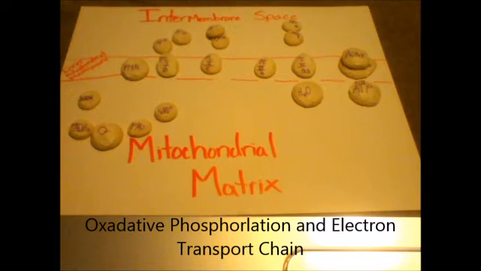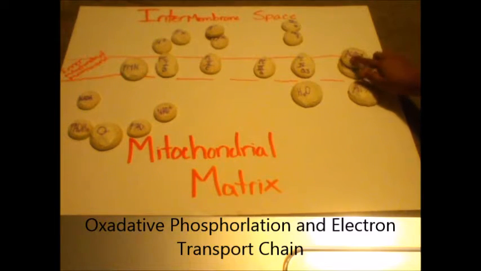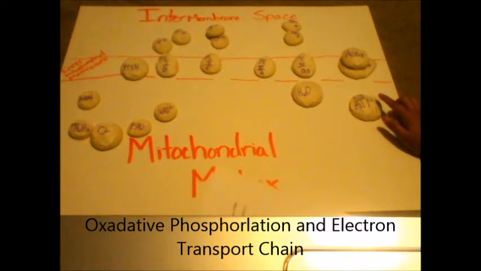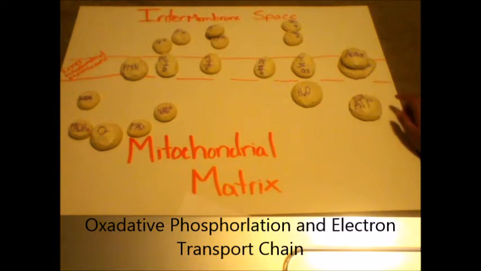This process is called chemiosmosis, and the ADP is adenosine diphosphate, which then gains another phosphate and becomes ATP, adenosine triphosphate. So if it was NADH that went through this whole process, 3 ATP are produced for every 1 NADH.